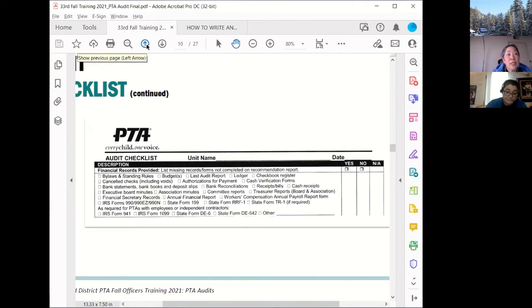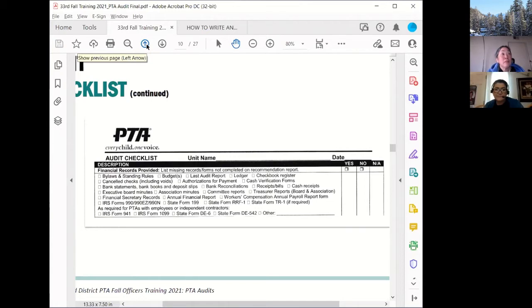Let's see. Looks like someone needs a little bit of clarification about exactly what a bank reconciliation is. She's asking if it's the monthly bank statement, which it isn't. I don't know if you want to try and explain. It's kind of hard to explain. Amy, do you have one up that we can show here as we explain it?